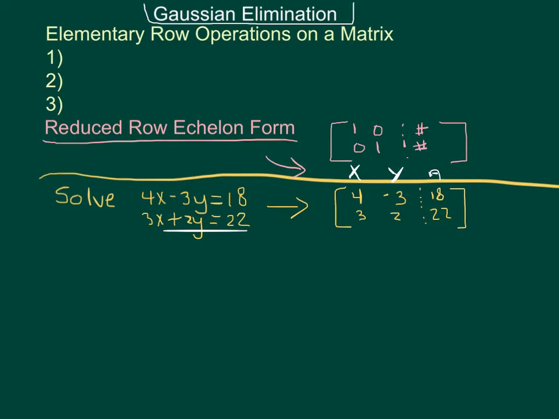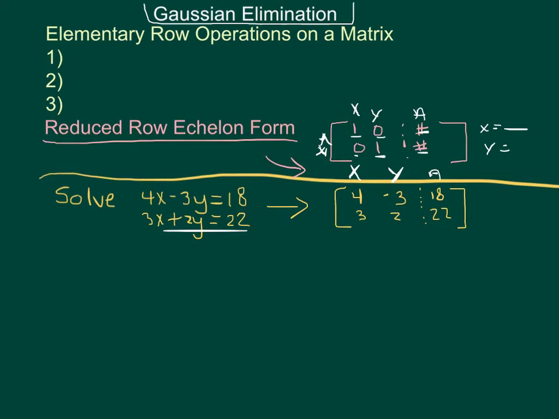Since I know this is column x, this is column y, and this is my answer column, this matrix is just code for 1x plus 0y equals our first number, so x equals whatever x equals, and 0x plus 1y equals whatever y equals. If I can turn the matrix into that form, then I will have encoded the answers.